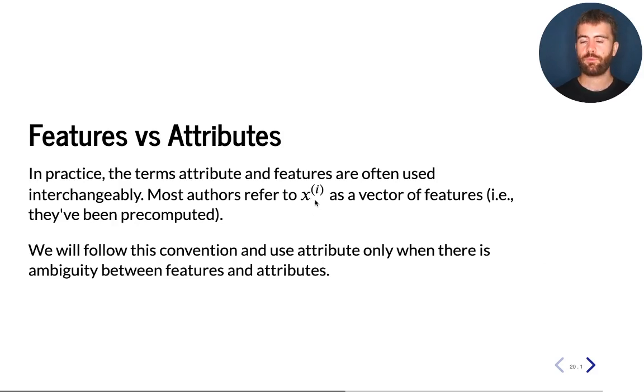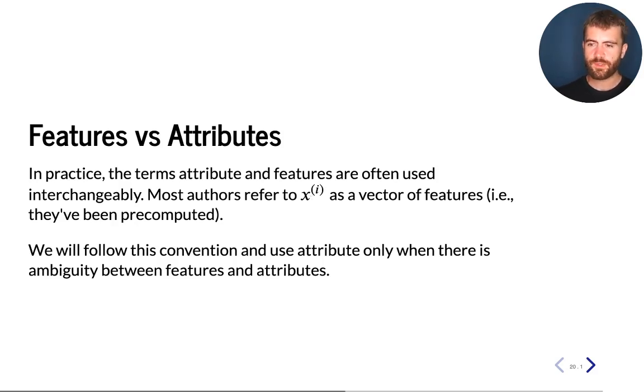This would be true, for example, if we have already pre-computed features, or if someone gave us a set of features that we know are good, and we are just working with them. In order to not introduce this extra notation of adding this phi function, we often just call X a vector of features, even though they could technically be attributes.